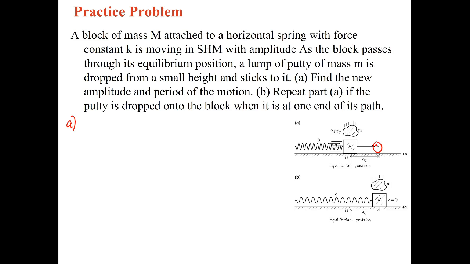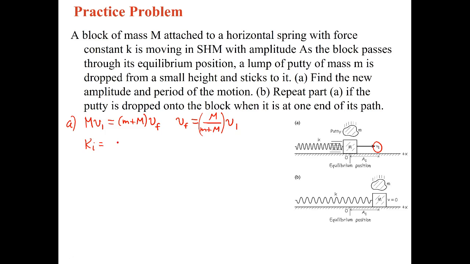momentum. Because it's moving with the speed of v1, it starts with momentum of M v1. Then little mass m is going to fall onto it, and we can find its new v as equal to M over little m plus big M times v1. We can then plug this into kinetic energy.